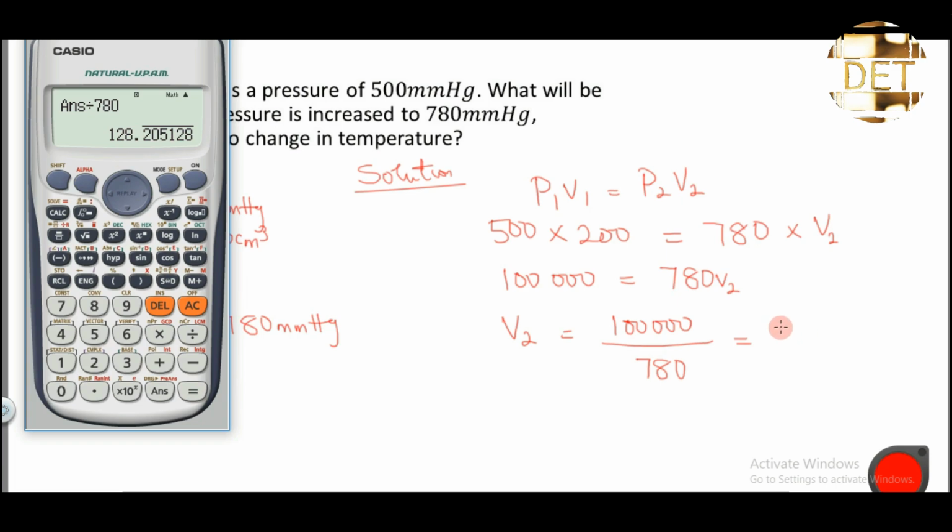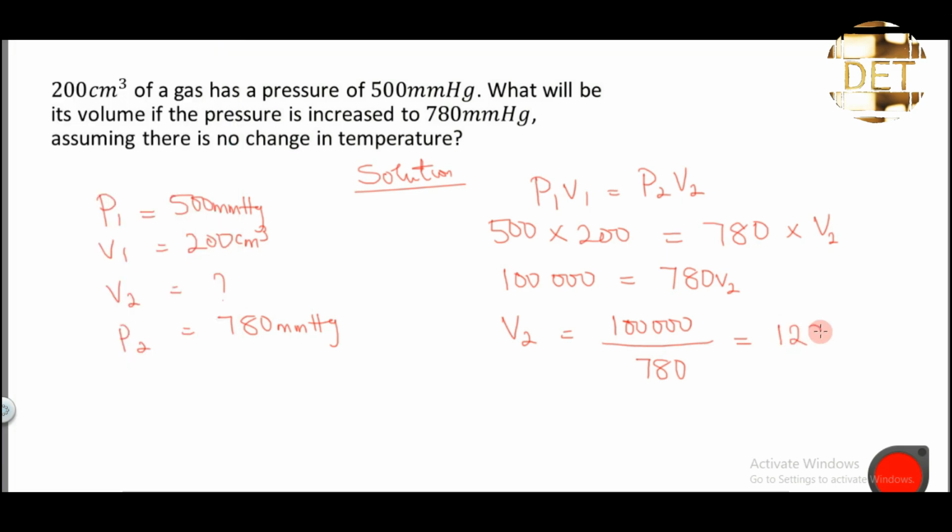So my answer, my V2, will now be equal to 128 cm³. This is my answer.